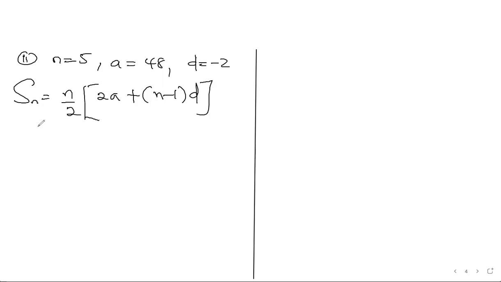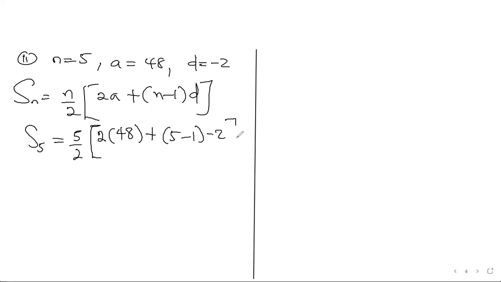Then S5, because I know n is 5, will be 5 over 2 into 48 plus 5 minus 1 times minus 2.